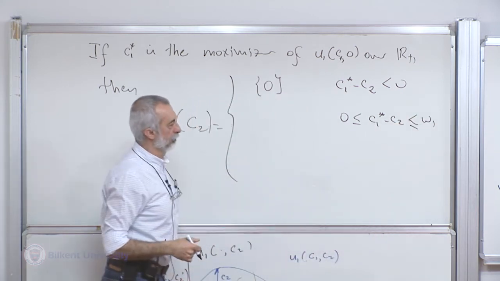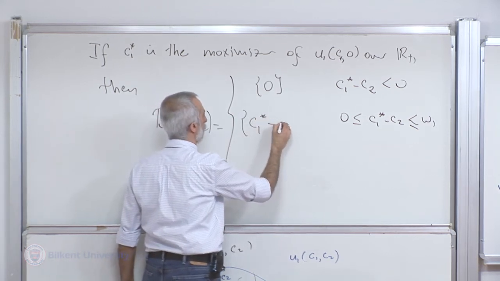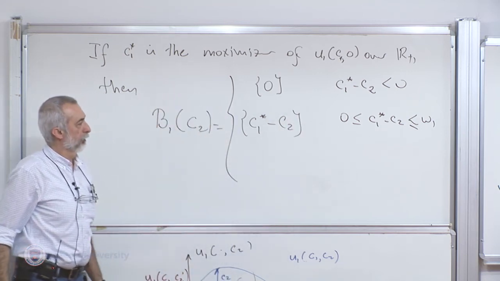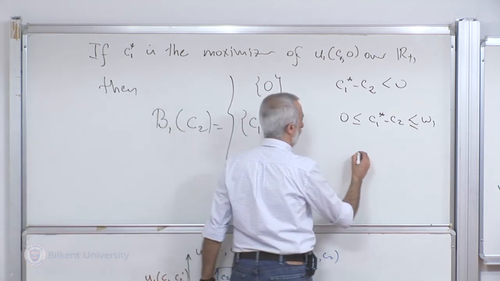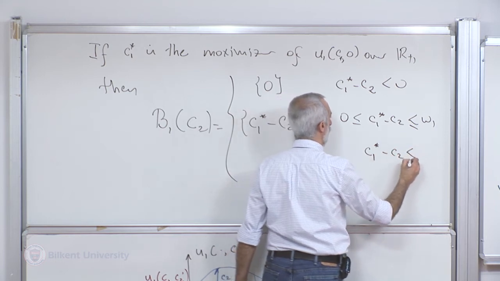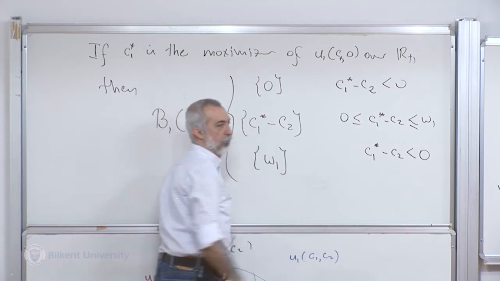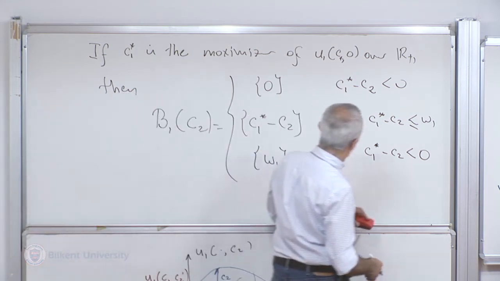Then he will contribute C1 star minus C2. And if C1 star minus C2 is less than 0, you will contribute W1.